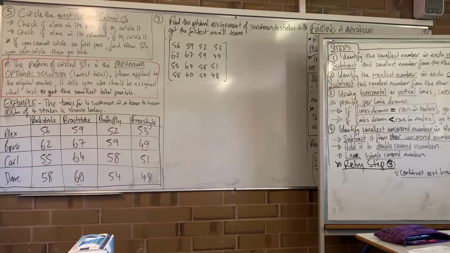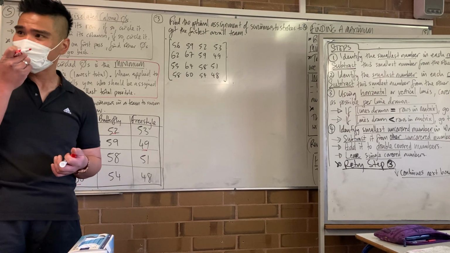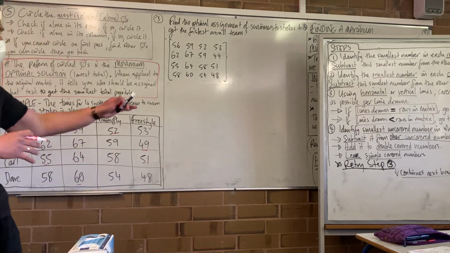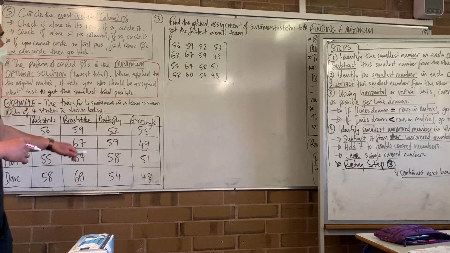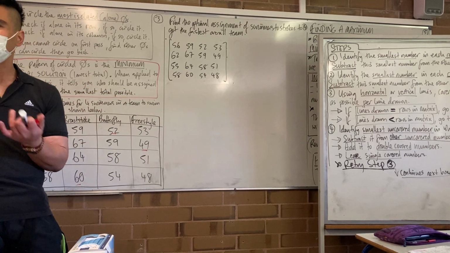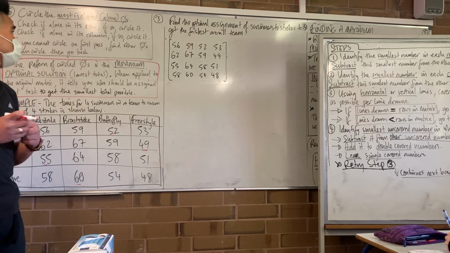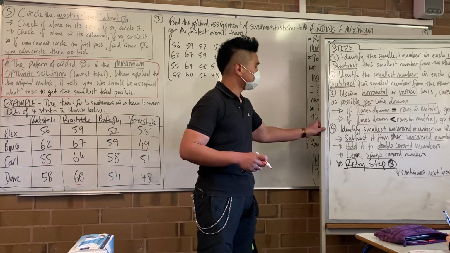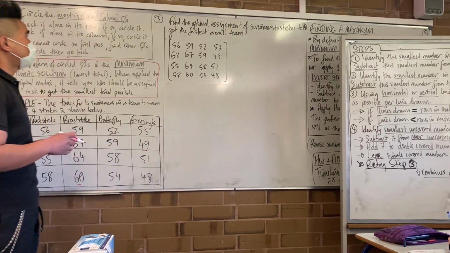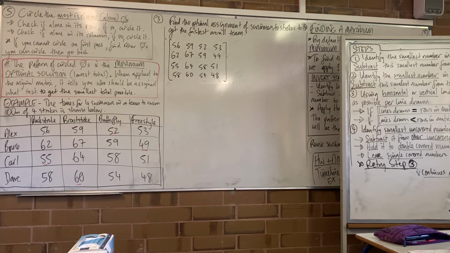But the only definitive way that I told him it was right is because I told you it was right. But I want to show you this systematic method so that you can do it in your test and you're not questioning everything. So find the optimal assignment of swimmers to strokes to get the fastest overall team.